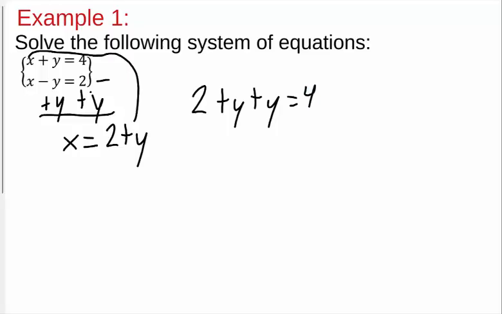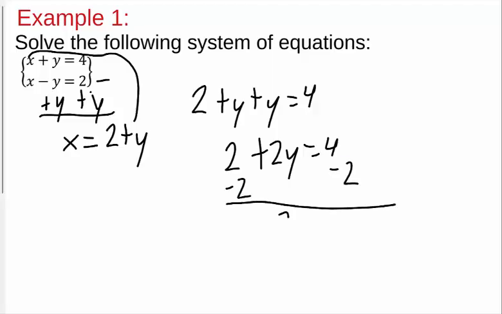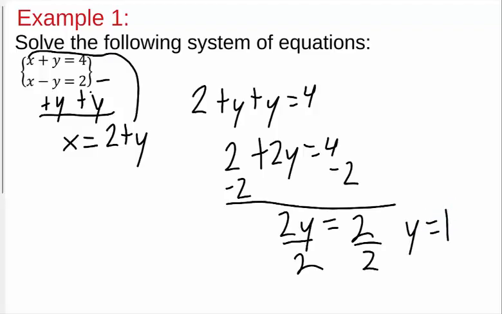Y and y combined to make 2y. 2 plus 2y equals 4. Subtract 2 from both sides. 2y equals 2. Divide by 2. Y equals 1.